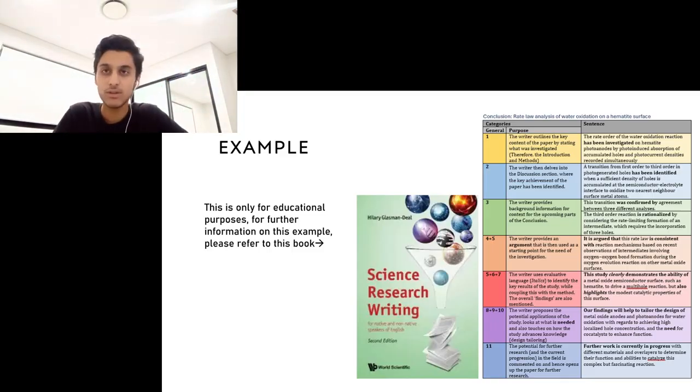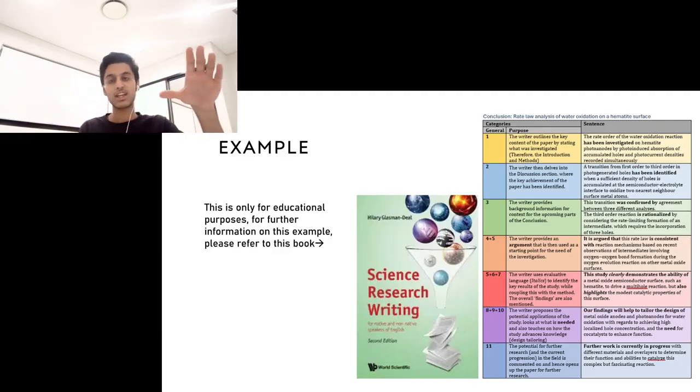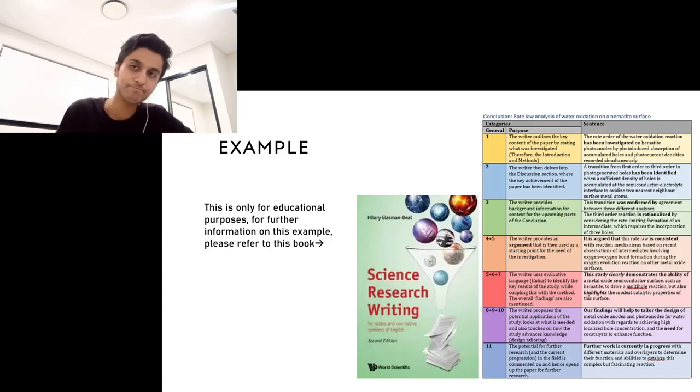The first thing you should do is look at other papers in the field you're writing your research paper about. Find other papers from places like ResearchGate and see how they have written about the topic, and then use their structure for your conclusions. And if there are still doubts, you can refer back to this model. But yeah, that's how you write the conclusion.